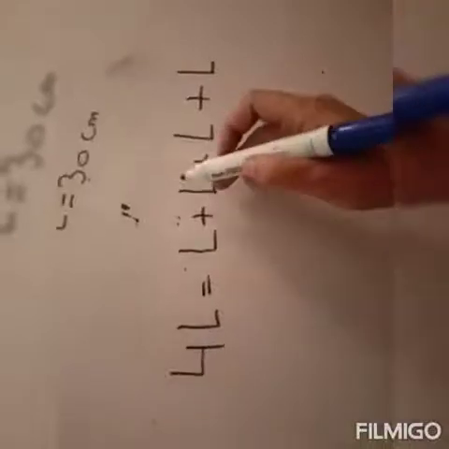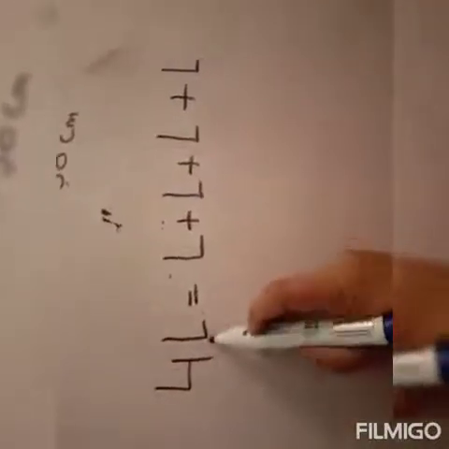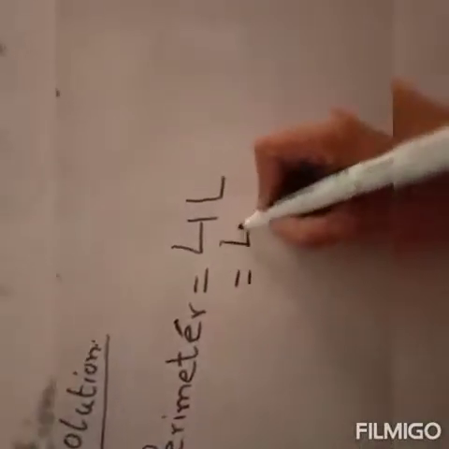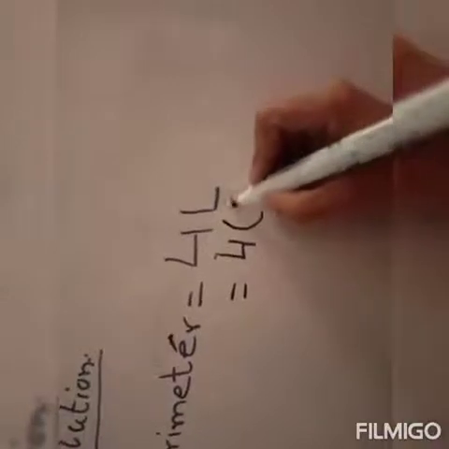So either we can multiply length by 4, or we can add it 4 times, answer will be same. So according to formula, perimeter is equals to 4L. So 4, what is the length given? It is 30.